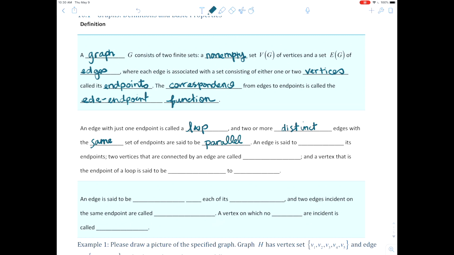An edge is said to connect its endpoints. Two vertices that are connected by an edge are called adjacent. And a vertex that is the endpoint of a loop is said to be adjacent to itself.